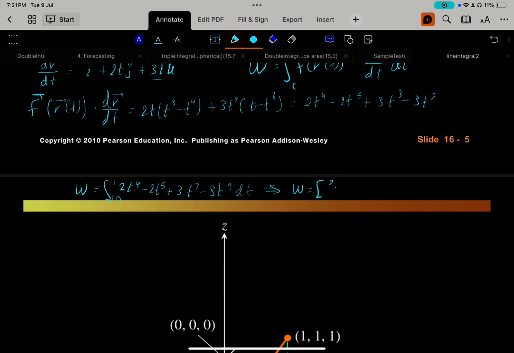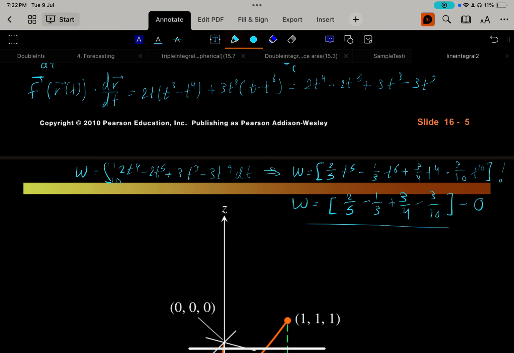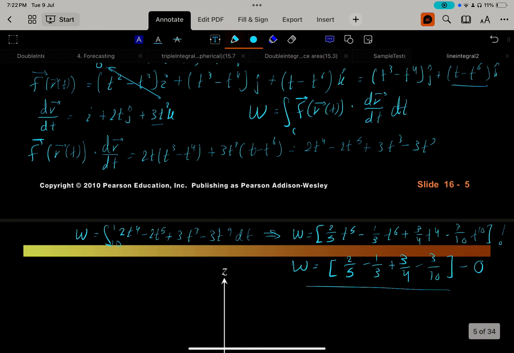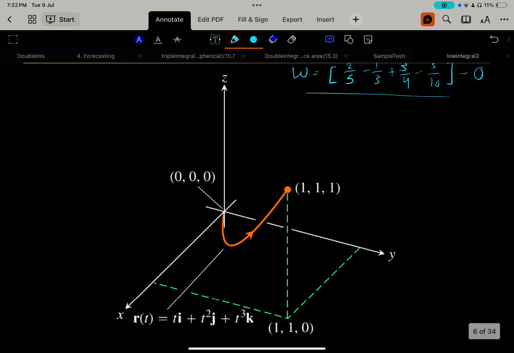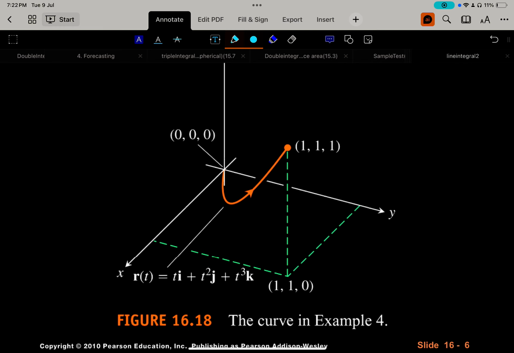It's going to be 2 over 5 t to the 5 minus 1 over 3 t to the 6 plus 3 over 4 t to the 4 minus 3 over 10 t to the 10, evaluated from 0 to 1. That gives us 2 over 5 minus 1 over 3 plus 3 over 4 minus 3 over 10, which can be evaluated very easily with 0 of course, and we can find this value. That's basically our work.